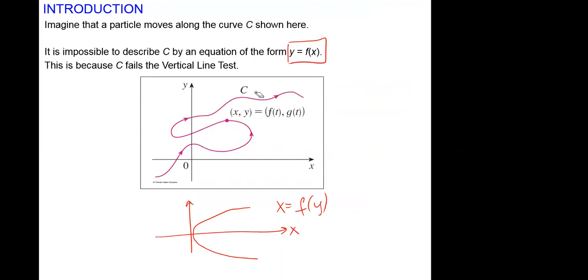And if we think about possibly a particle moving along the curve, x and y will give me the position. That means the functions f of t and g of t will give me the position of this particle with respect to x and y, of course, but x and y are defined in terms of the other quantity. Okay? That means just f of t and g of t are the parametric equations.